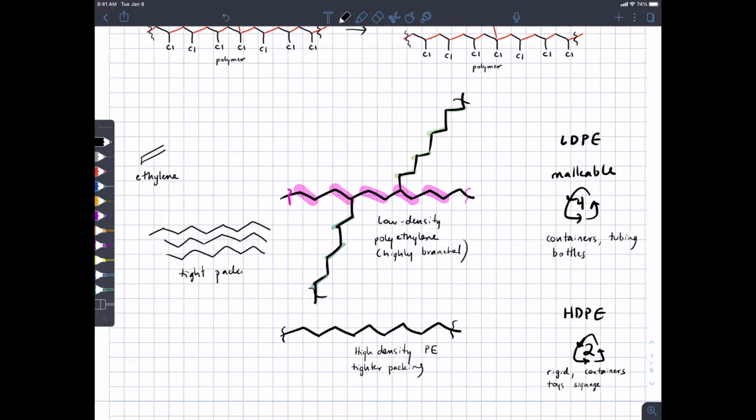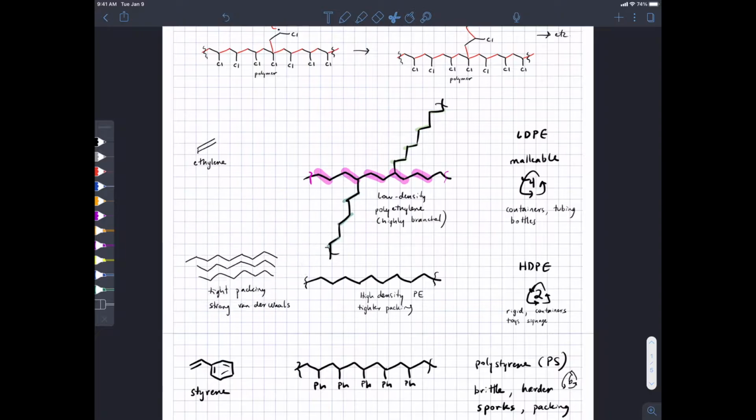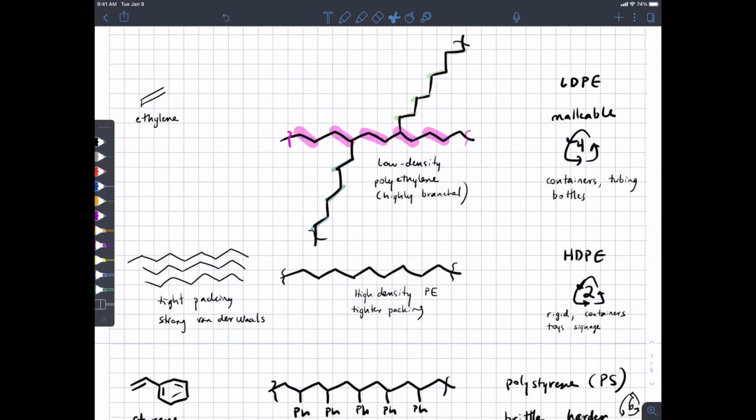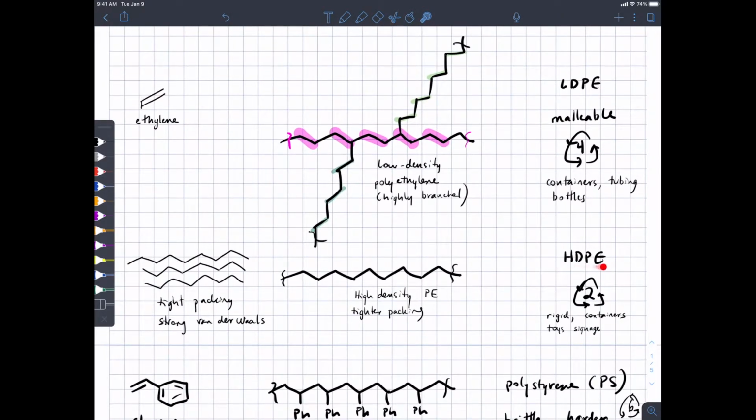That kind of packing generates strong van der Waals interactions. That's induced dipole interactions. And that's the kind of thing that high-density polyethylene can do. So HDPE, or high-density polyethylene, tends to be more rigid and a stronger container because there's no branching. So polymer chains can pack against each other quite tightly. The branching gets in the way of that and prevents that.